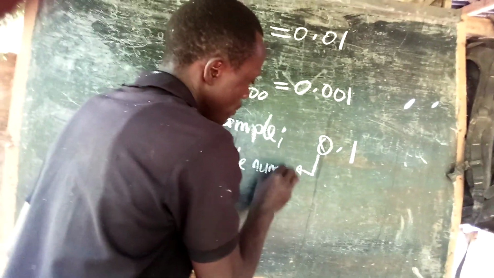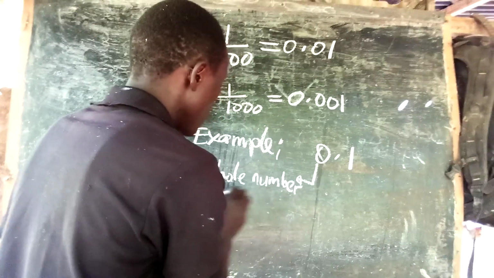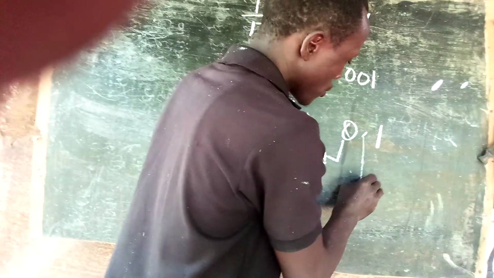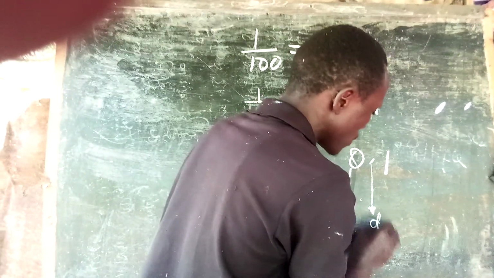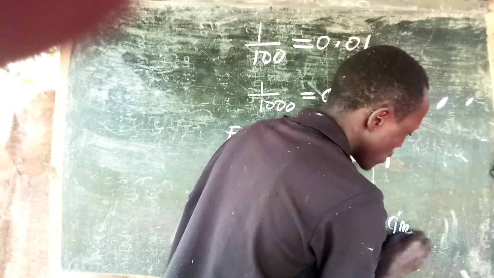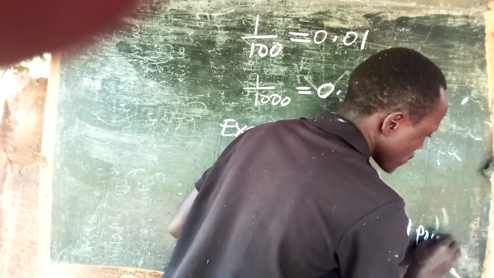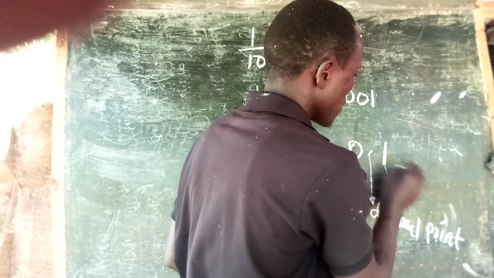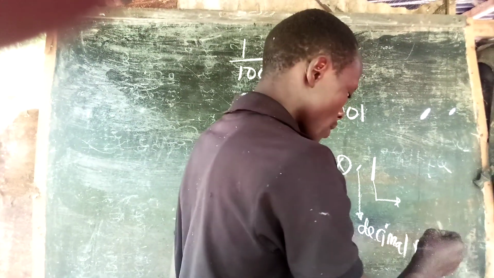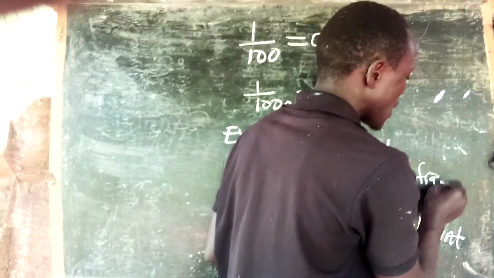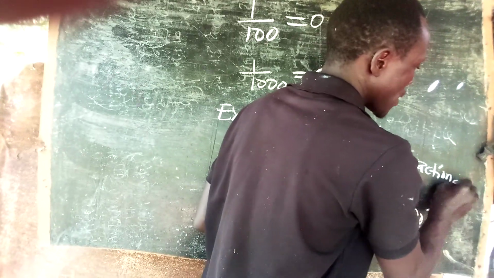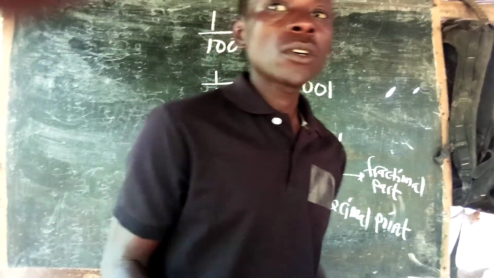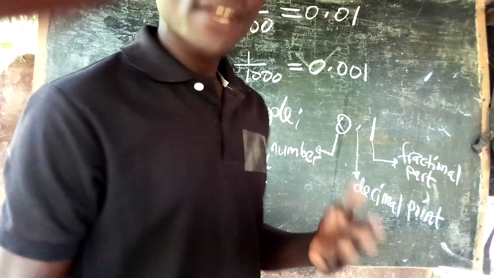Now this point here is called the decimal point. Then this one here is called the fractional part. So the decimal number has 3 parts.